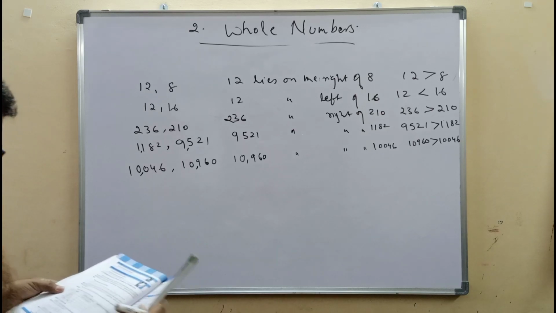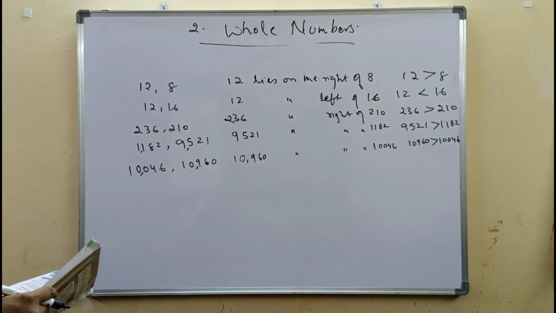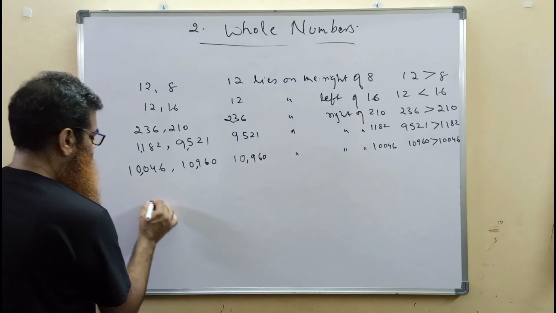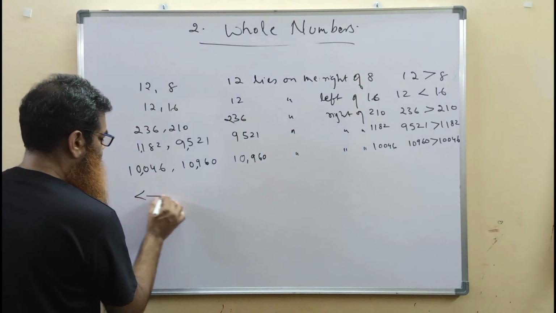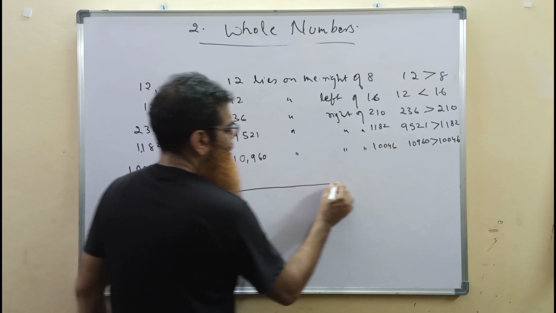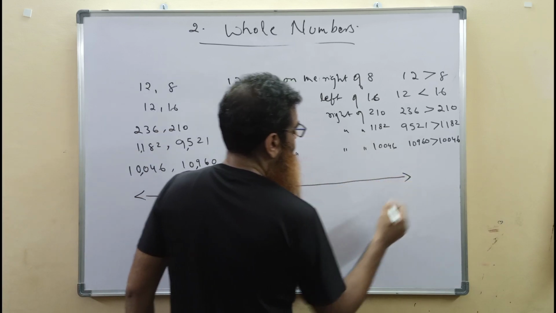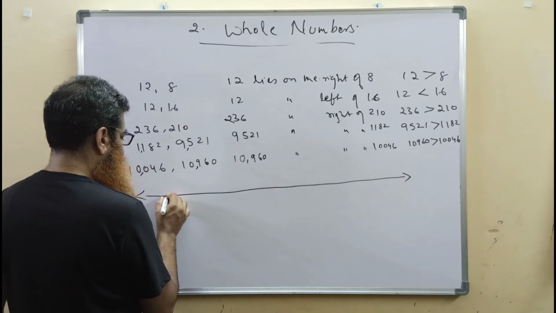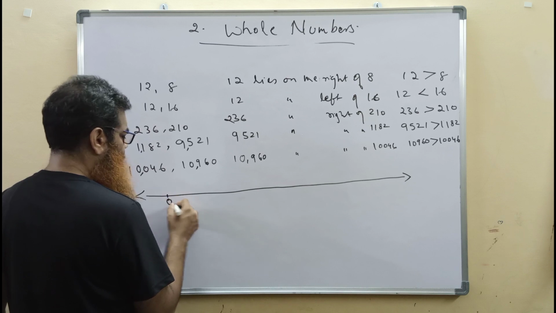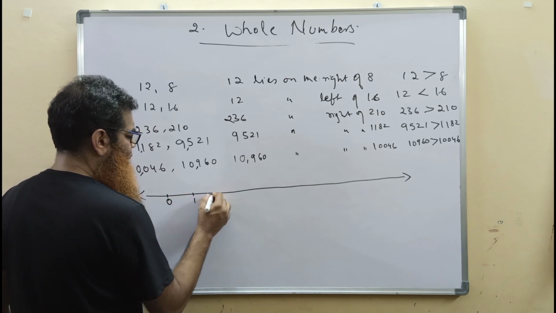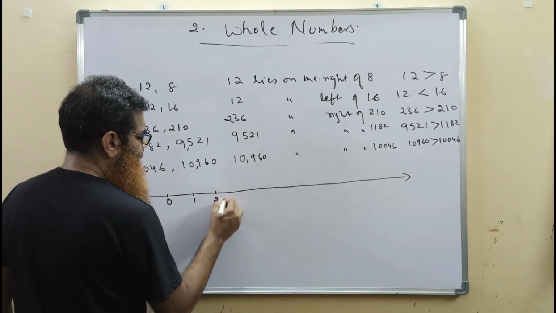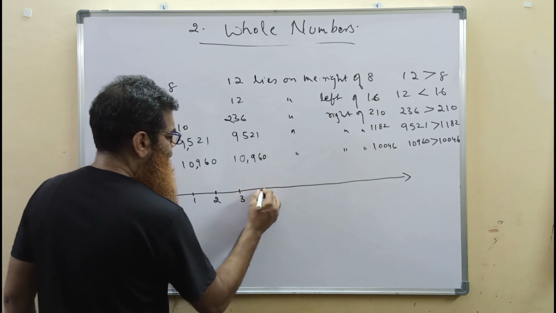Now, addition on the number line. Addition of whole numbers can be represented on the number line. In the line given below, the addition of 2 and 3 is shown. As you know, when we add a number to a whole number, it goes to the right side. Its value increases.